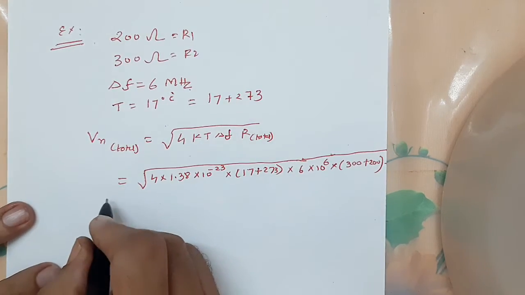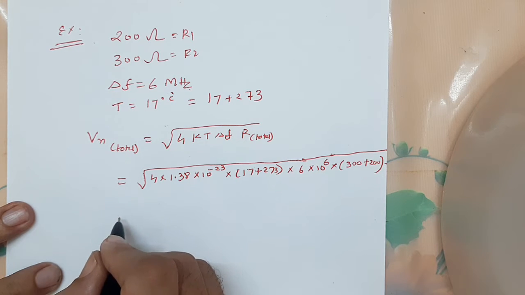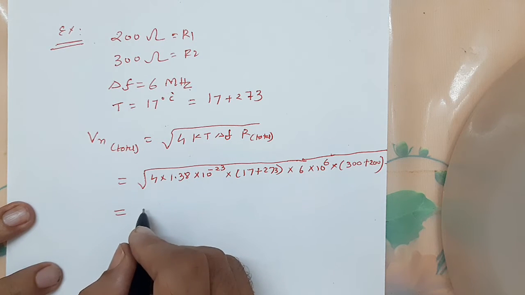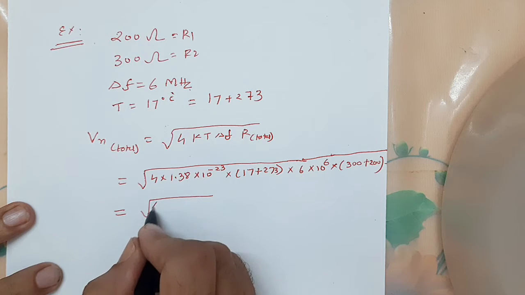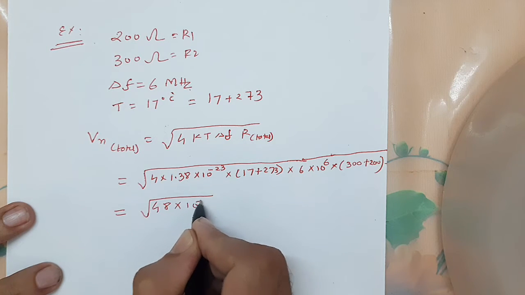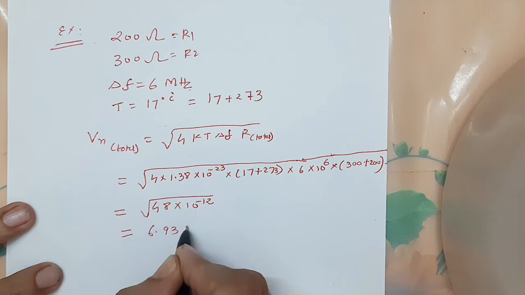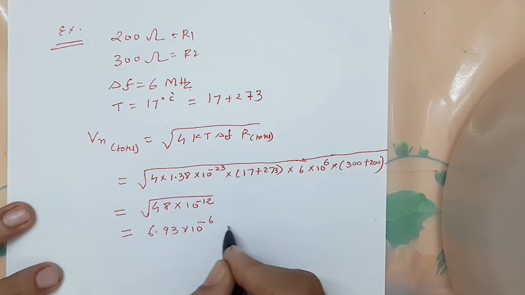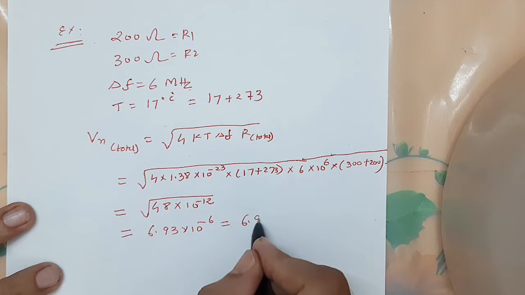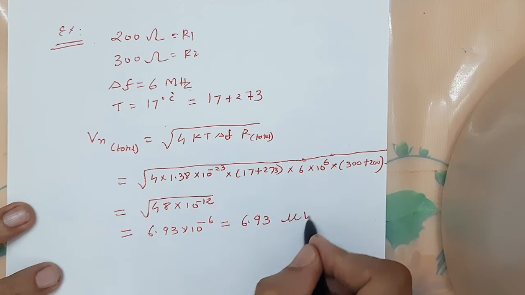So this is equal to under root of 48 into 10 raised to minus 12, and this is equal to 6.93 into 10 raised to minus 6. It is equal to 6.93 microvolt.